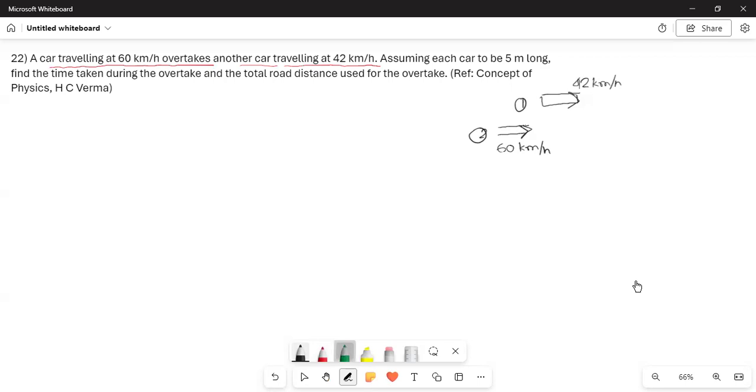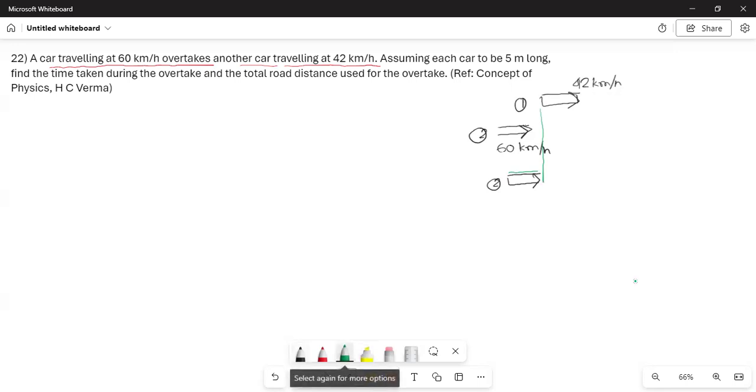There will be an instant when the number 2 car is just behind the number 1 car, like this. That means the front of the number 2 car is coinciding with the rear of the number 1 car.